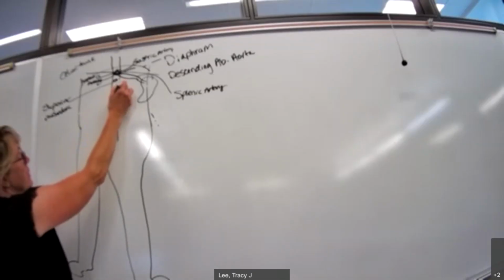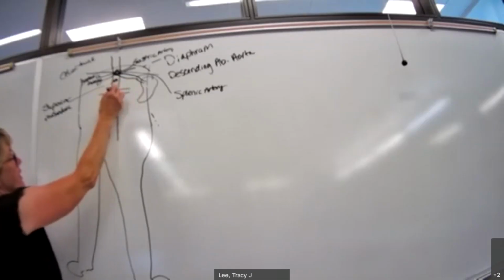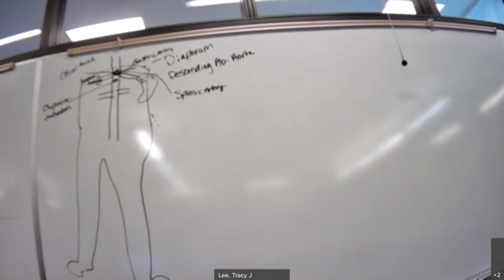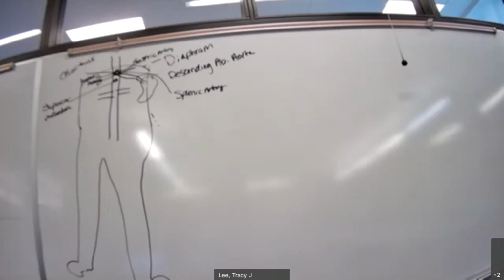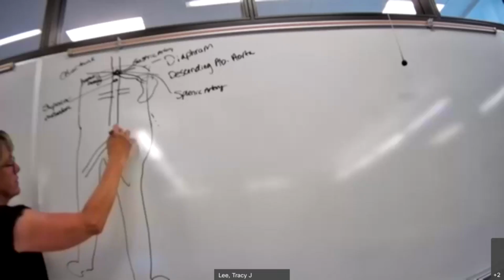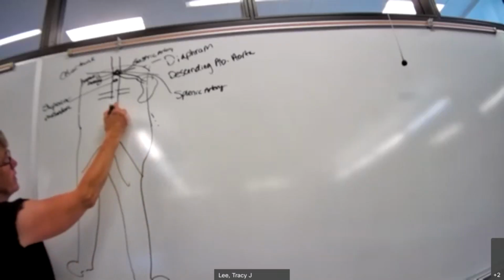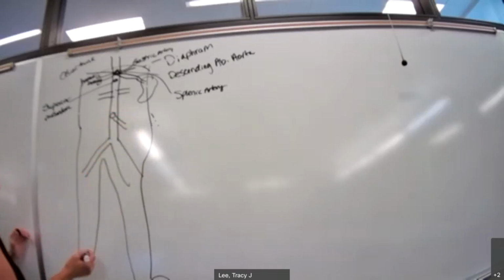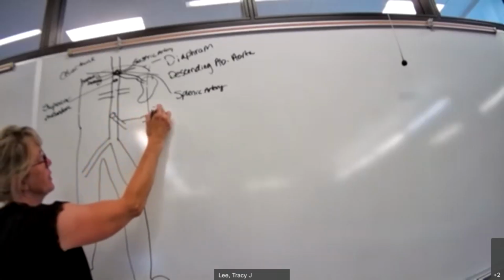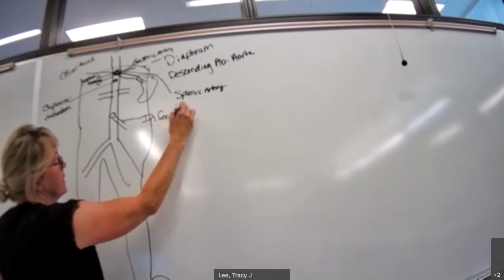The next branches come here and here. And these guys go to the kidneys, so they're the renal arteries. So we have the right renal artery and we have the left renal artery. And then we come down to this V right here. There's one more that comes right off the front this way. And this one's the inferior mesenteric.